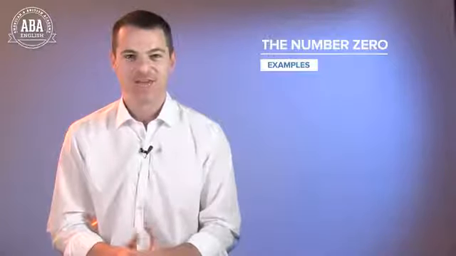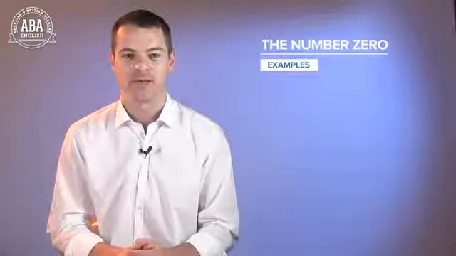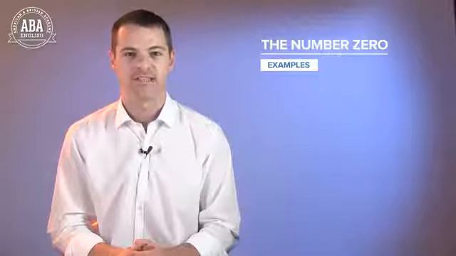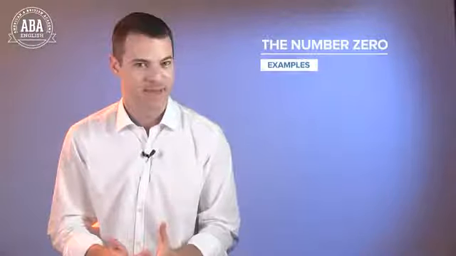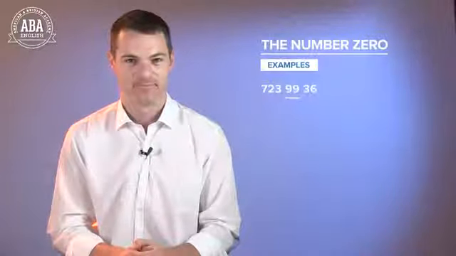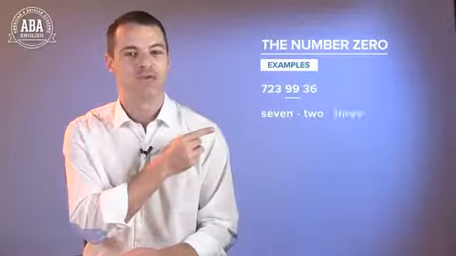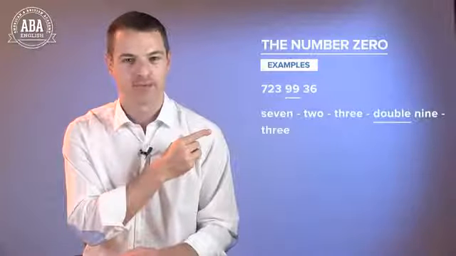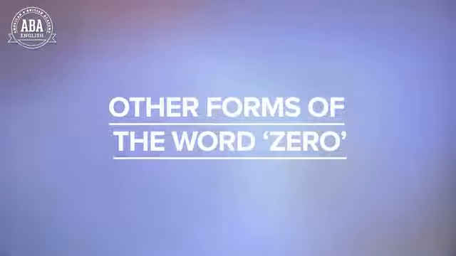Now, let me give you a good tip for phone numbers or any other sequence of numbers. When the same number appears twice, we say double and the number. Look, 7239936.